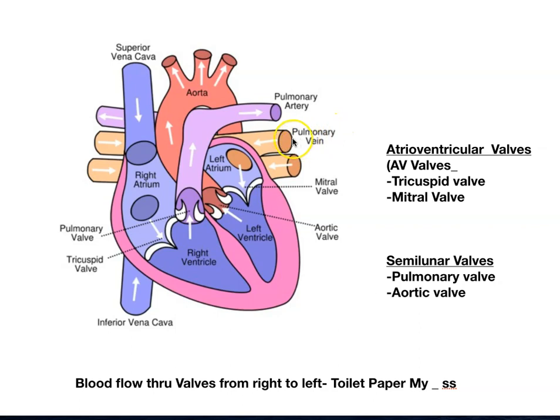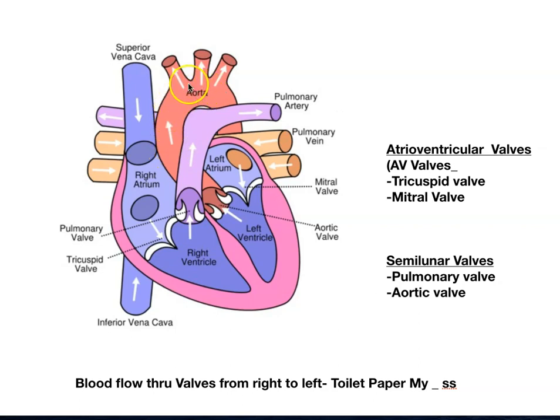So we get our oxygenated blood going to our left side of the heart from our left and right pulmonary veins. From there, that oxygenated blood is going to go through this AV valve on the left side called the mitral valve. It's going to go through the mitral valve, go into the left ventricle, and from the left ventricle, it's going to be pumped out through this aortic valve, this is telling you I am going to the aorta.